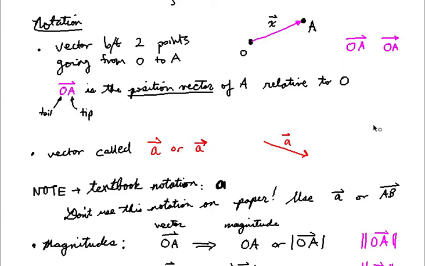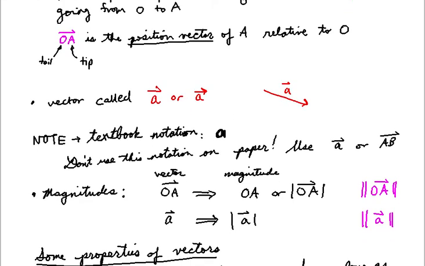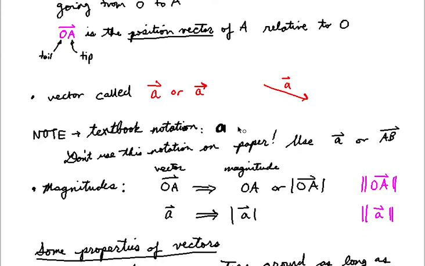Now, something to note here: your textbook will use a bold-faced letter for vectors. You are not allowed to use bold-faced letters when you are writing vectors out on paper. So if you write this is vector A in bold on your paper, I will not accept that because it's too confusing to write it as bold-faced letters all the time.